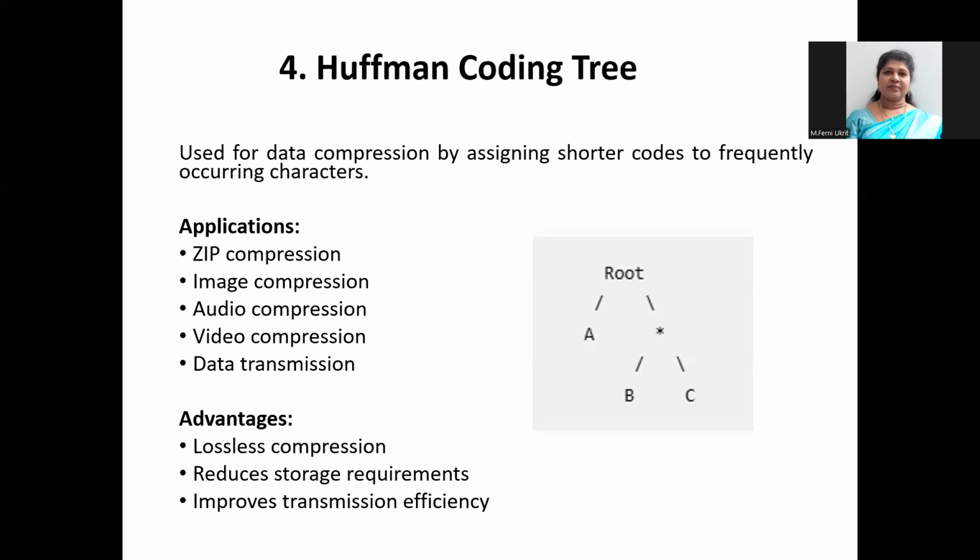The applications are ZIP compression, image, audio, and video compression, and data transmission. Mainly the advantage is lossless compression, so information will not be lost. And since we have compressed it, storage will be less. And if you want to transmit it through mail or any other means, it also improves the transmission.